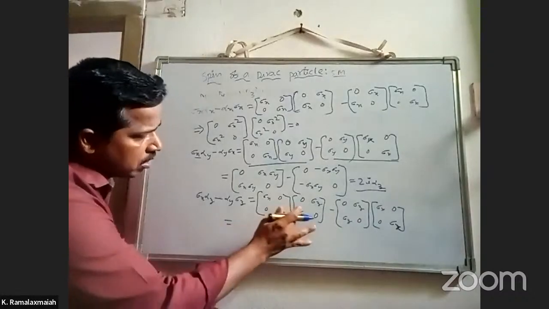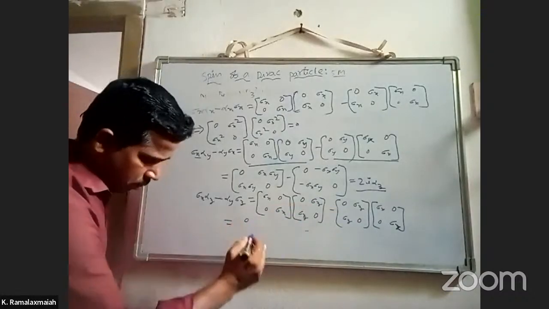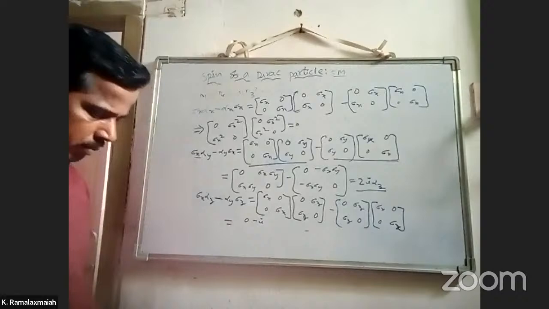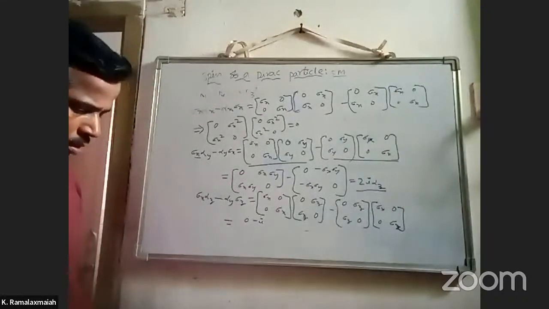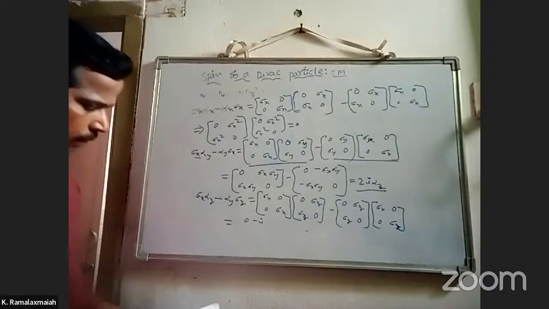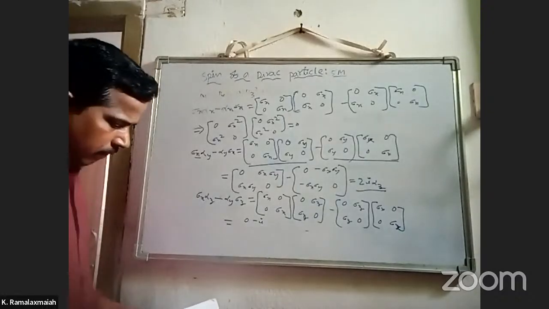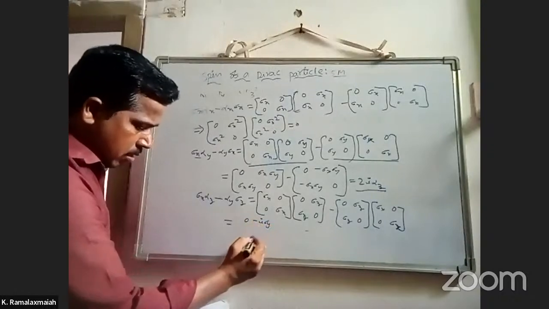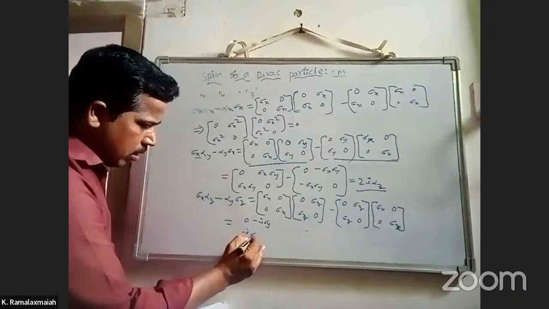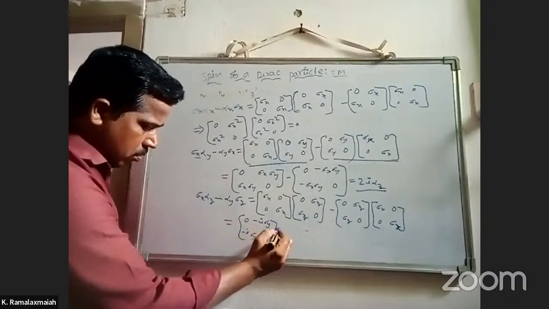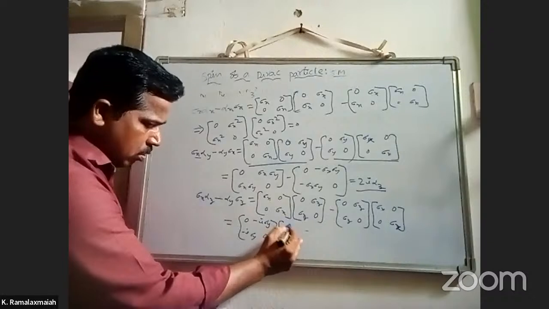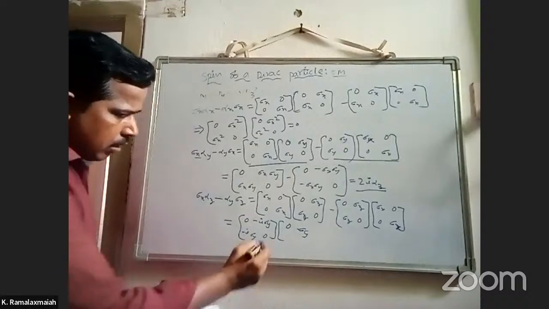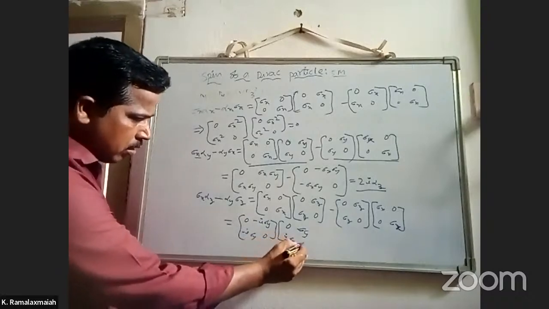You multiply both values, this one and this one. 0 0, minus i sigma y. Next, minus i sigma y 0 0 into 0 minus sigma y i sigma y 0.